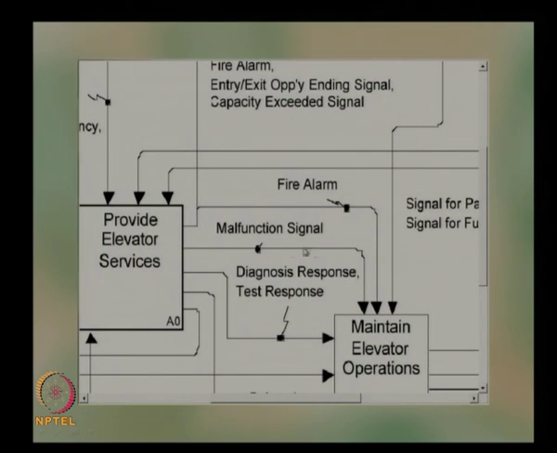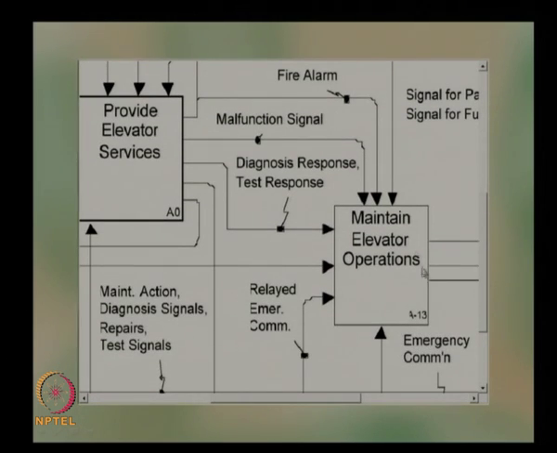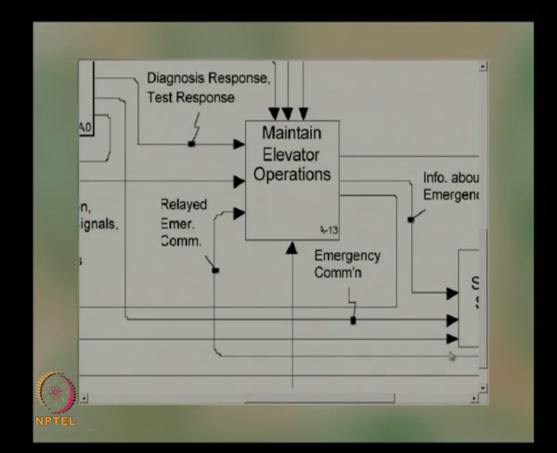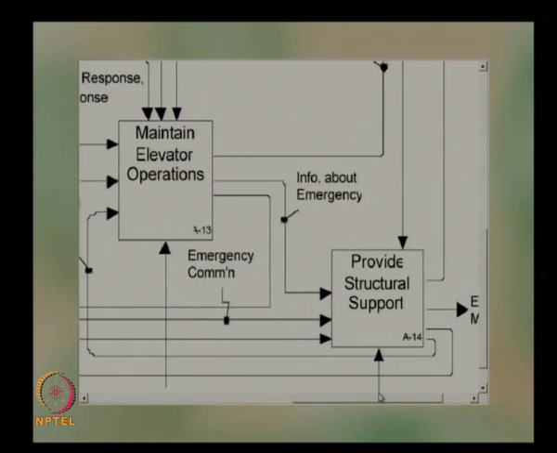There is a malfunction signal, a diagnose or test response signal coming over here, and a fire alarm signal coming to the maintenance elevator operations. So we will be able to identify the input output requirements for the maintenance of the elevator. Similarly, all other functional requirements can also be identified using this kind of interaction diagram. We identify all the interactions between subsystems and then use these interactions to identify the requirements.